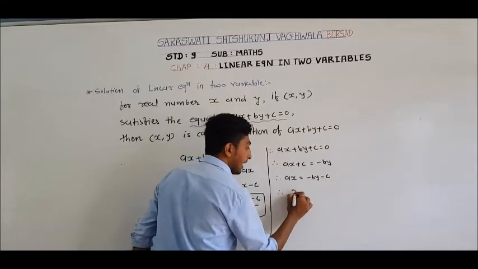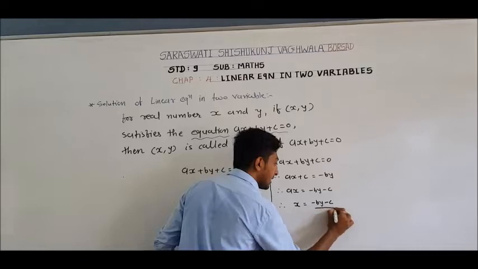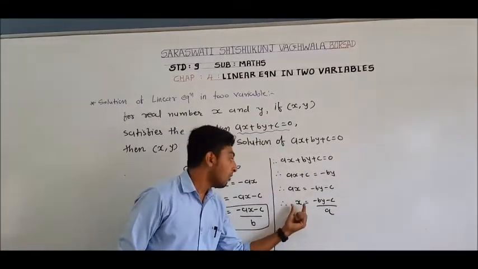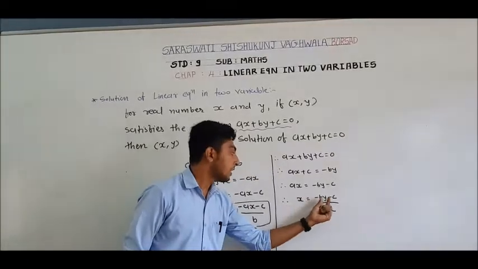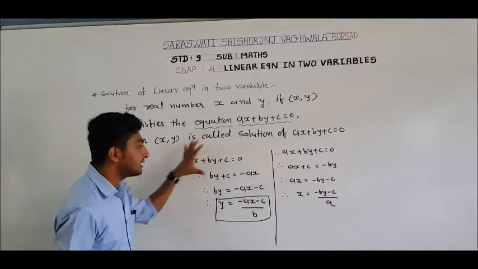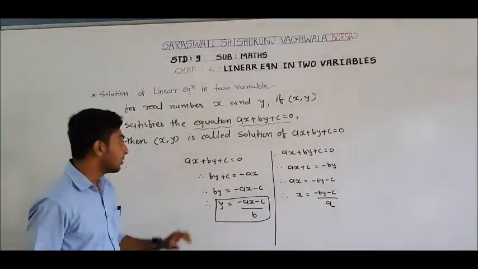Therefore x equal to (minus by minus c) divided by a. So this is the value of x. You have to substitute the value of y, then you will get the value of x. So this is the brief introduction of solution of linear equation in two variables.